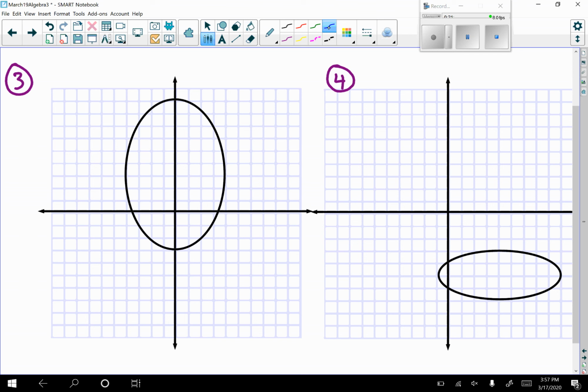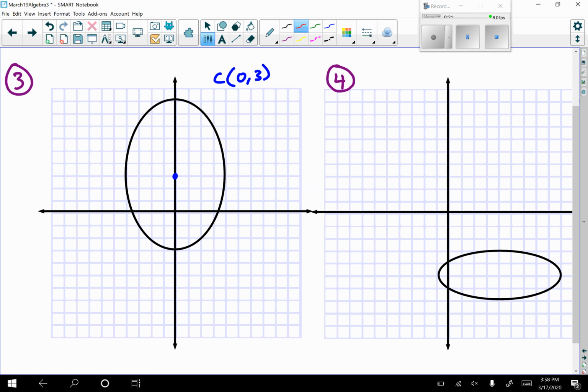All right, so if we're looking at 3, our center is at 0, 3. Sometimes you still have to count the entire length of the major axis here. But if you put a point right here at 3, just to double check, we're counting up 1, 2, 3, 4, 5, 6. Look down below, 1, 2, 3, 4, 5, 6. So that actually helped us. So right now, we're going to say our center is at 0, 3.